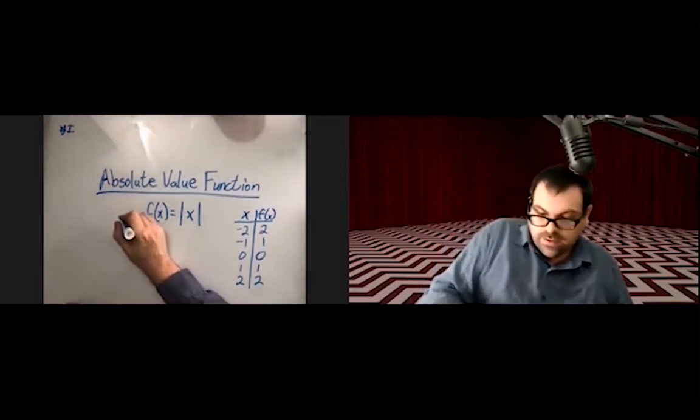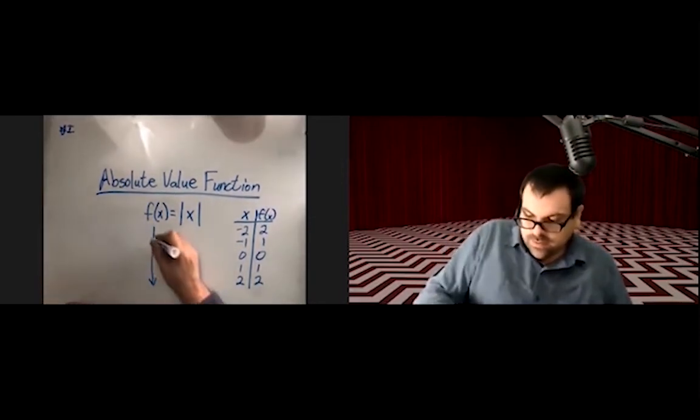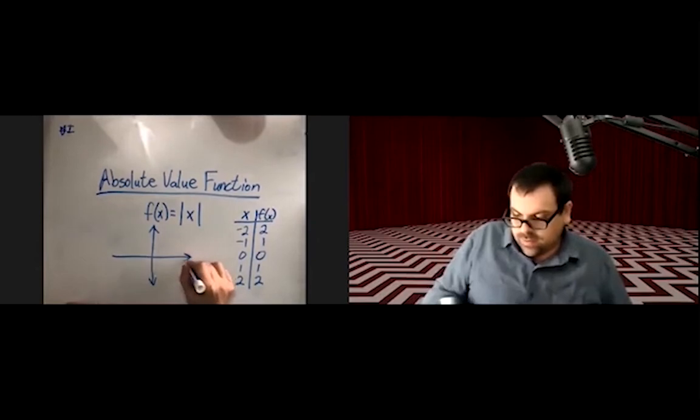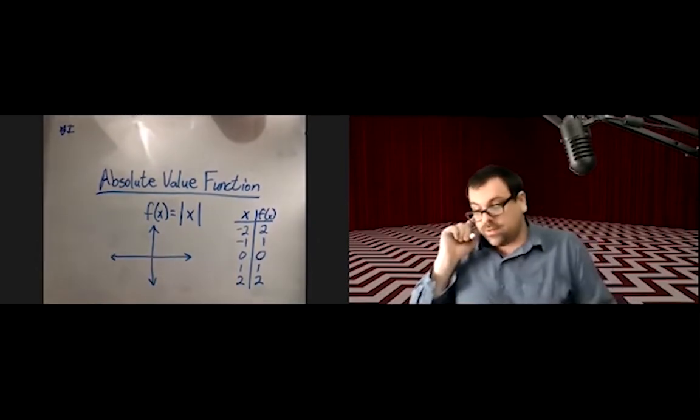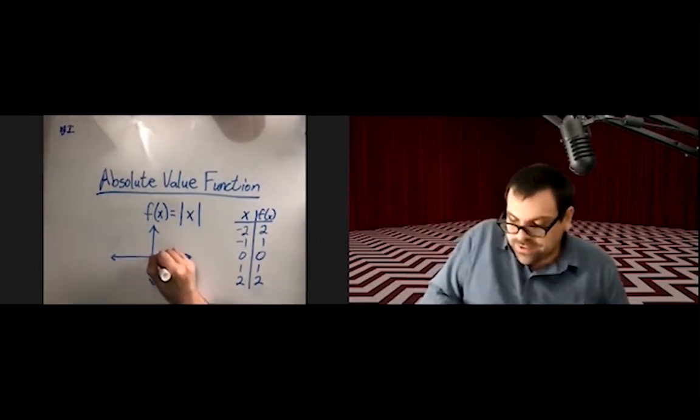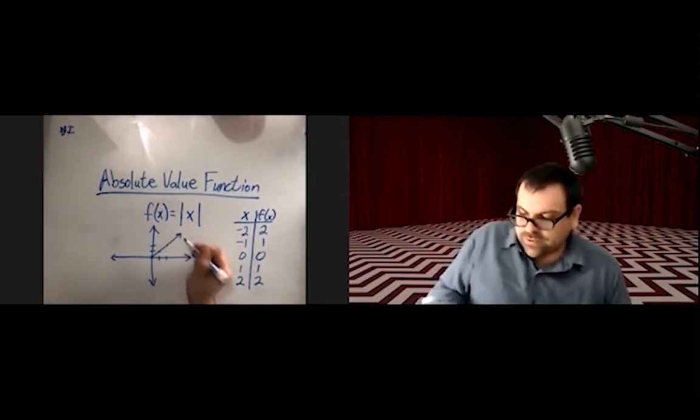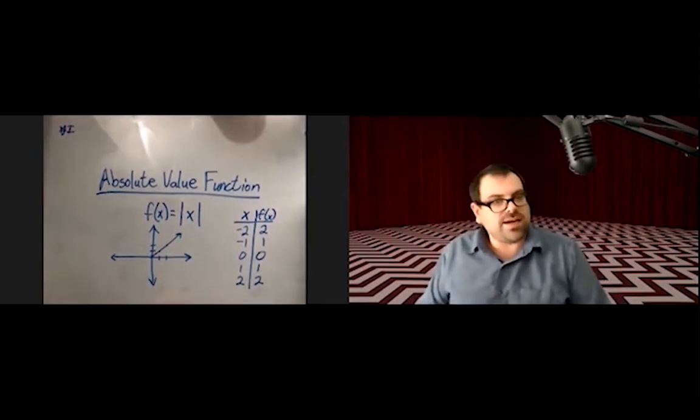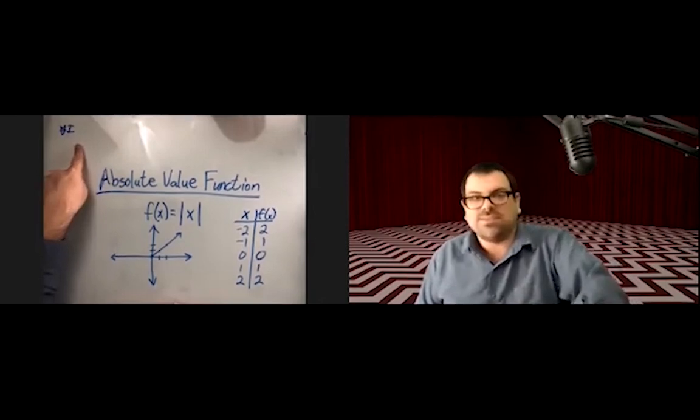If I plot these three, 0, 0, 1, 1, 2, 2, that part of it looks very much like the identity function. Is this the reference? No, it's not.